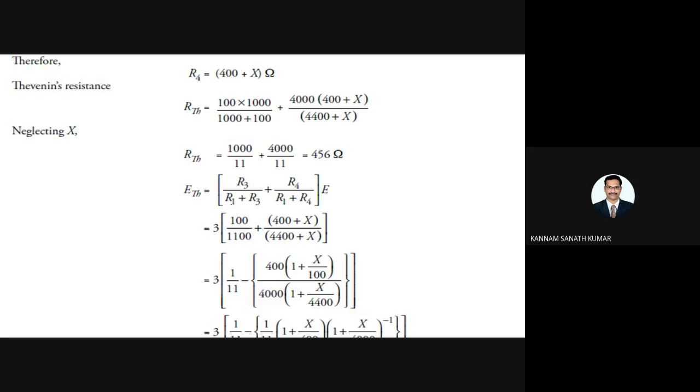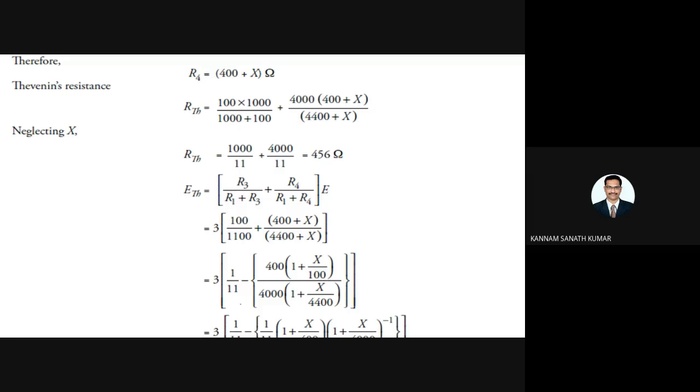And next, ETH is E into R3 by R1 plus R3, minus R4 by R2 plus R4. If you substitute those values of R3 and R1, and R4, 100 by 1000 plus 100 is 1100, and 400 plus X by 4400 plus X, into E.